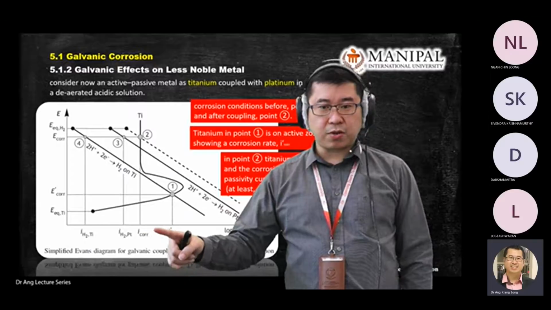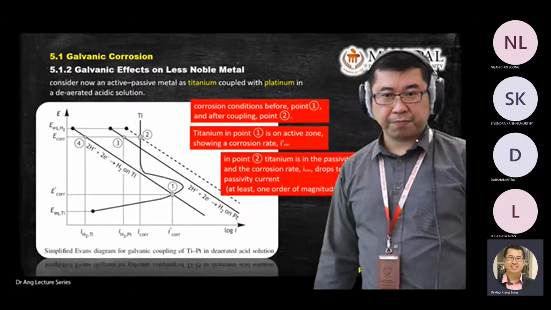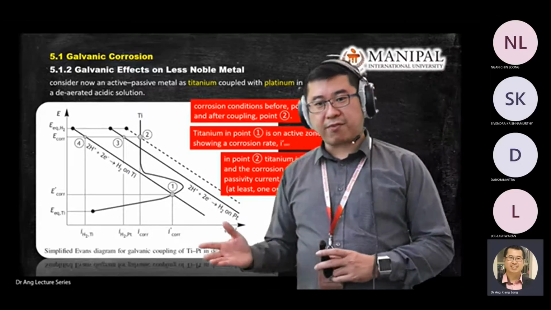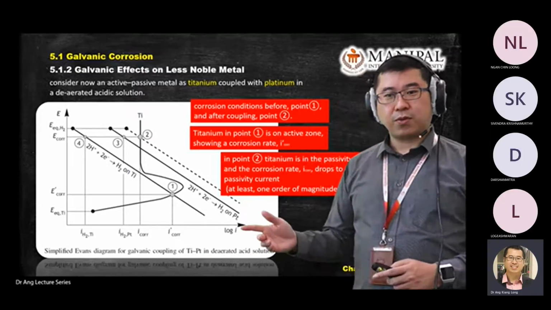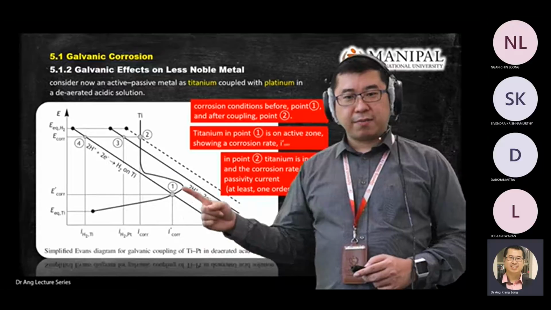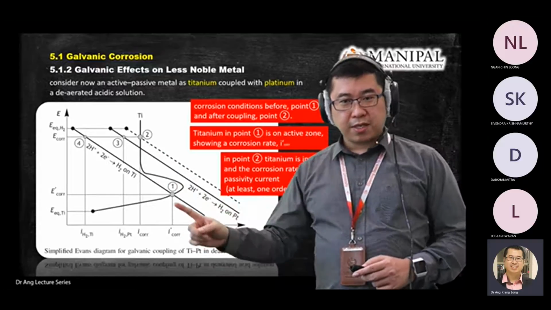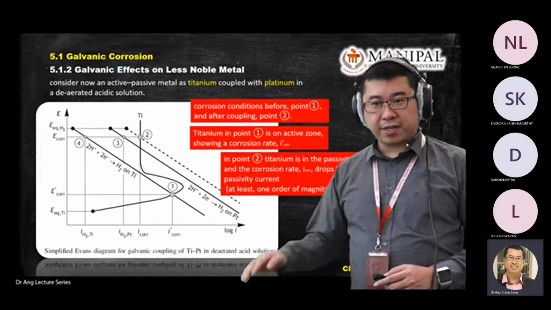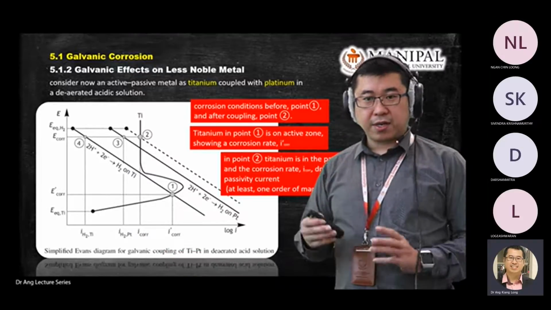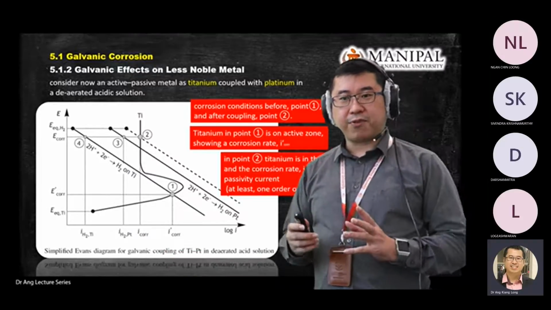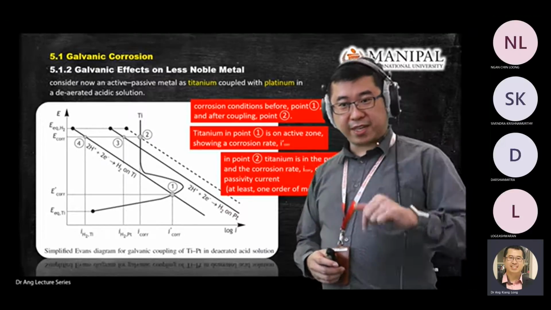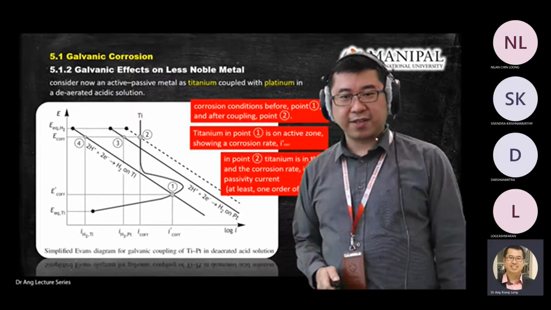It means the corrosion rate reduced. Okay, I hope you're able to read the graph. So from here, 0.1 to 0.2 means the titanium itself dropped in corrosion rate, a decrease in corrosion rate with this type of coupling. Corrosion rate can be increased and decreased. In this case, it's decreased.